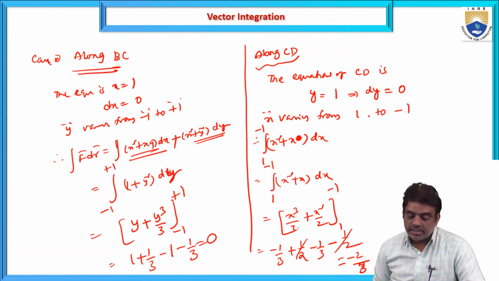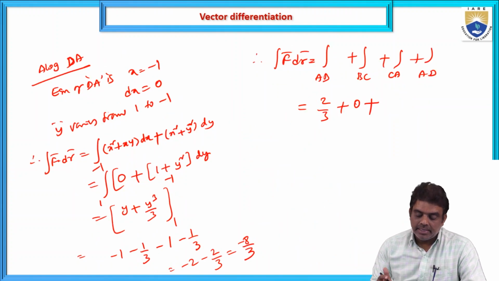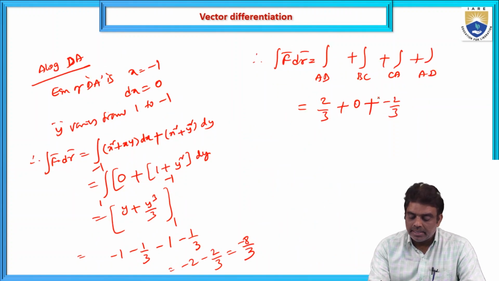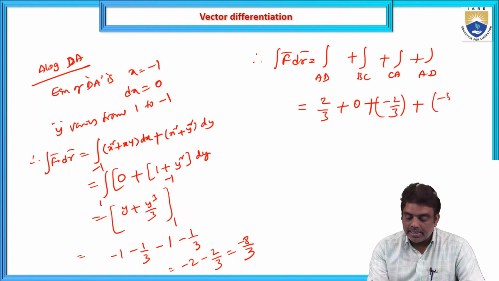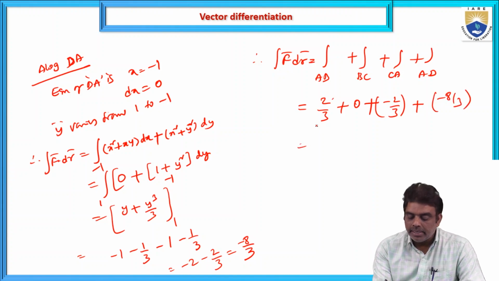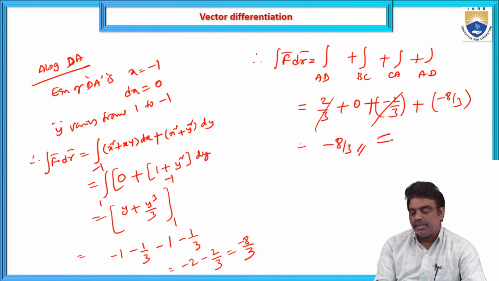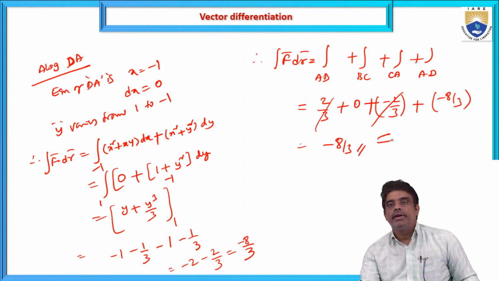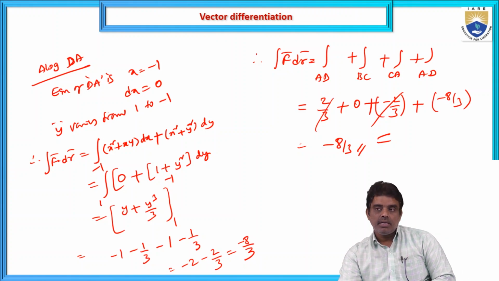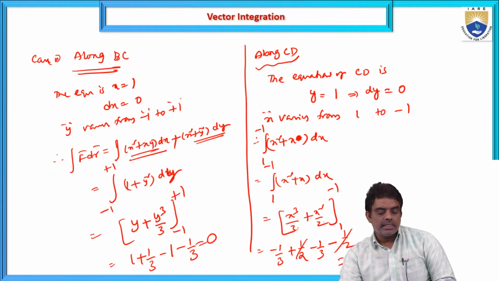Next, along CD, minus 2 by 3, and along DA minus 8 by 3. So 2 by 3 minus 2 by 3 gets cancelled. The resultant is minus 8 by 3, which is the required result for the given line integral. So these two are related to the line integral problems, and I will discuss one more problem.